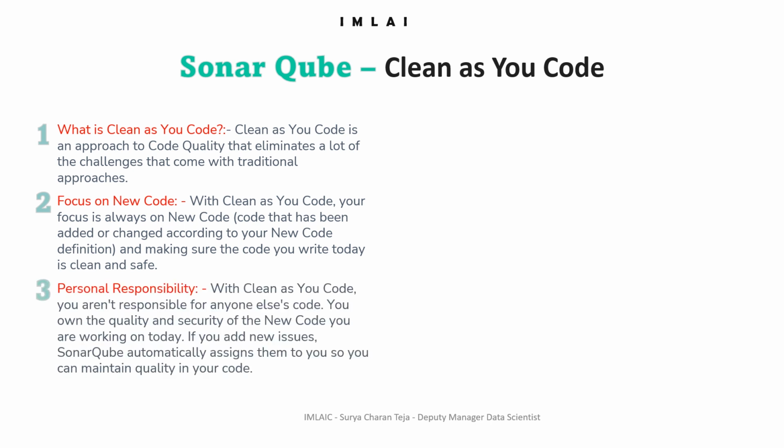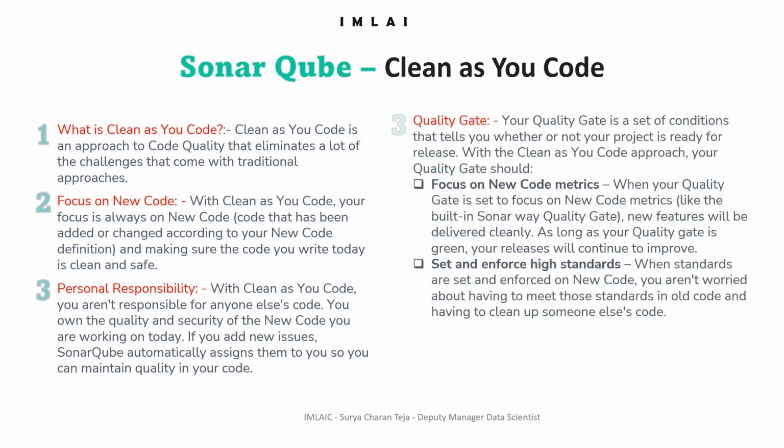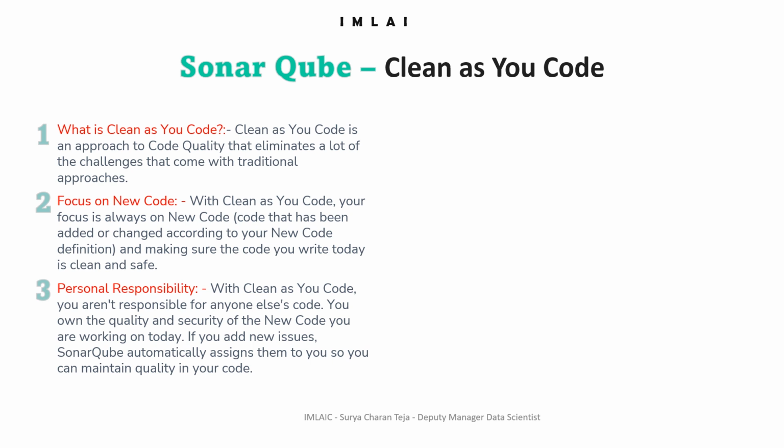And quality gate, which is also part of Clean as You Code. These are the fundamental components of Clean as You Code, like personal responsibility and quality gate. Your quality gate is like a set of conditions that tells you whether or not your project is ready for release.